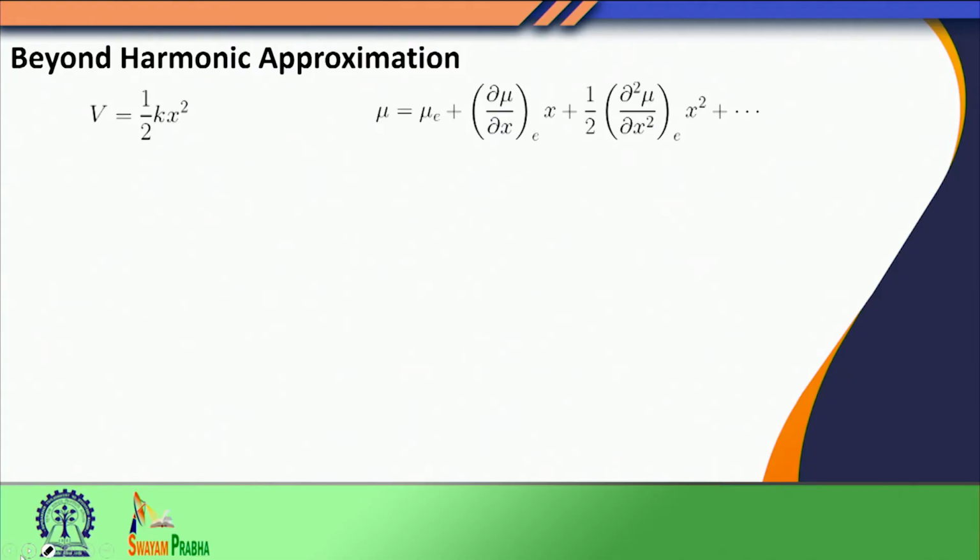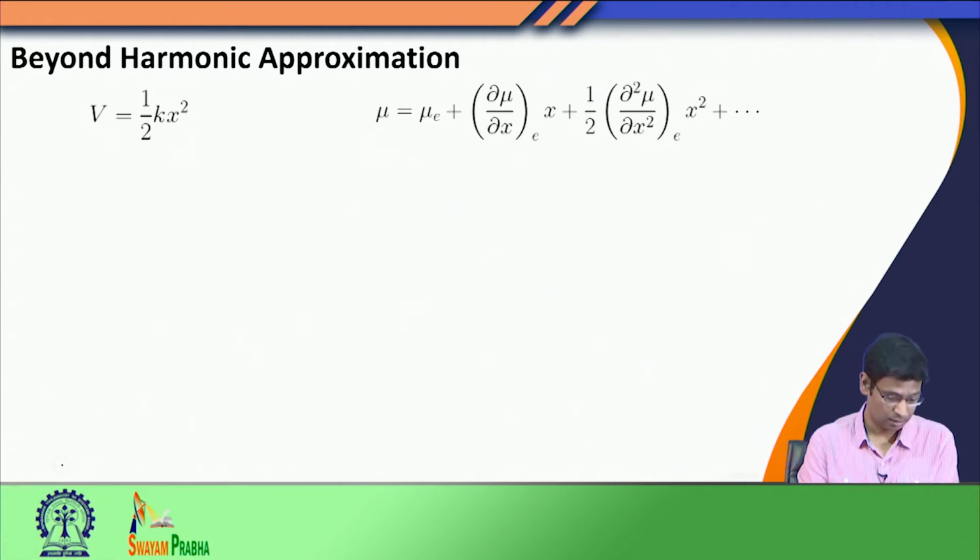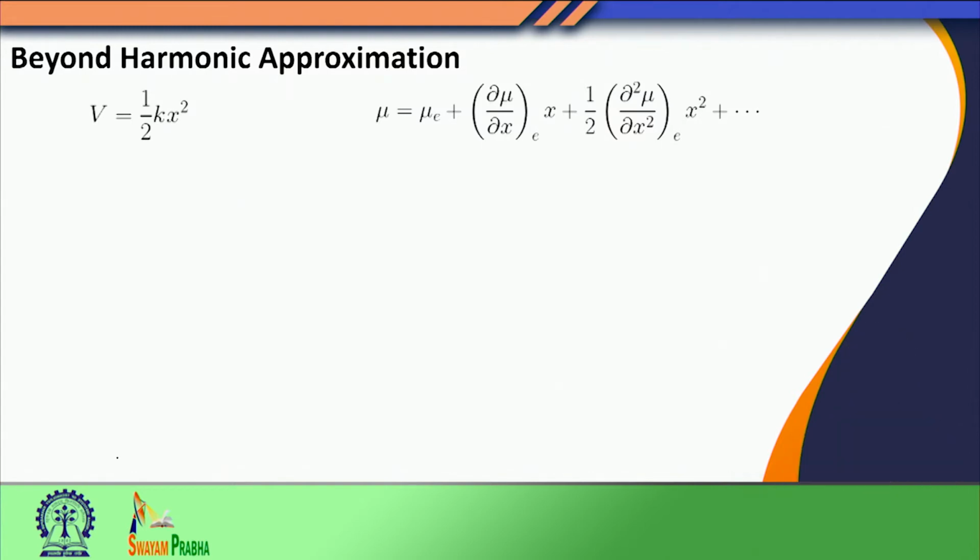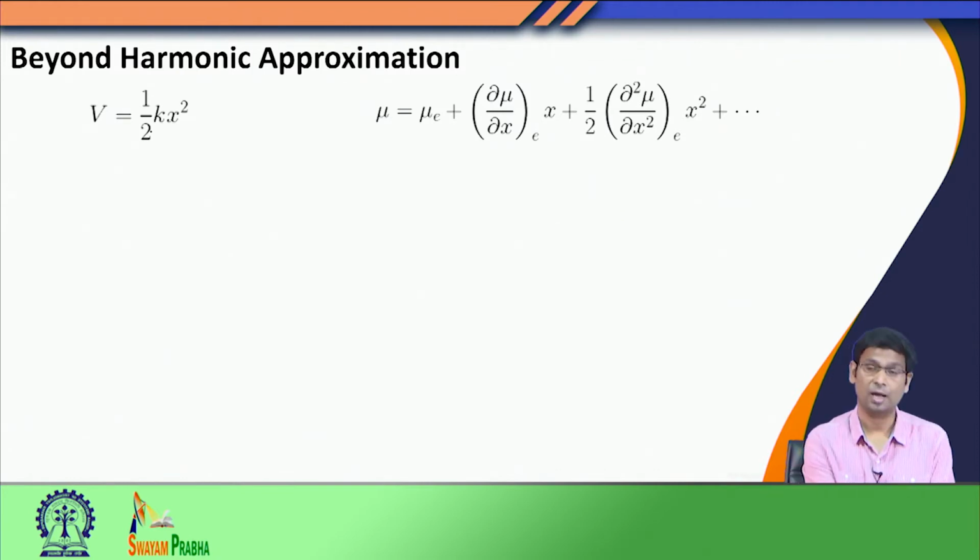So, we go beyond harmonic approximations. The two important approximations that we had in our previous discussion are given here. The first one is that we defined our potential to be a harmonic potential, V equals half k x square. This suggested that the molecule is elastic.